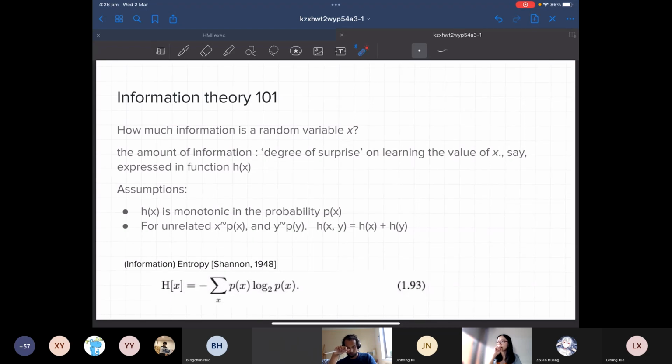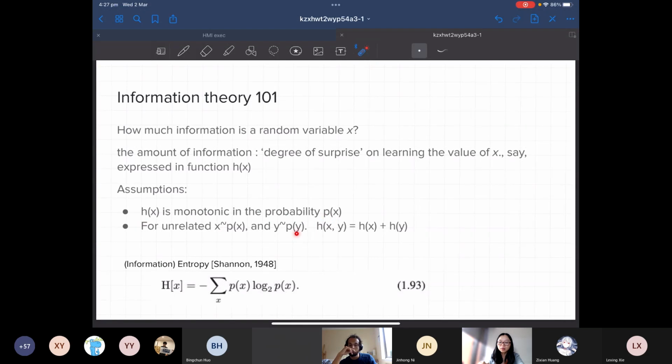But if the coin is highly biased, let's say 0.9 probability of heads, then we have a strong expectation and not a lot of uncertainty about the outcome. Therefore, knowing the outcome probably doesn't convey as much information as with the fair coin. So the assumption here is, let's say for discrete P of x, that h of x is monotonic.